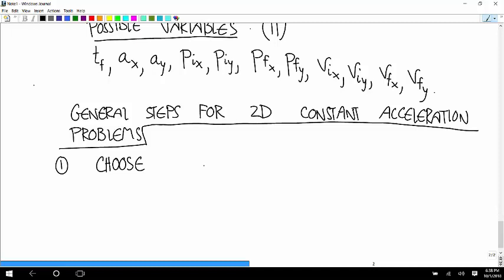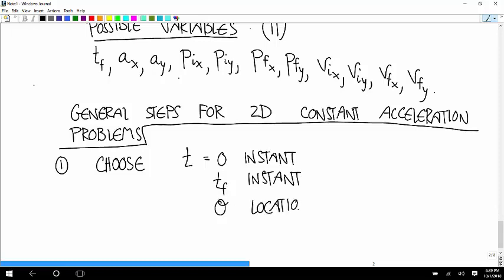And this is just like that. You have to choose your time equals 0 instant, your time final instant, and then you have to choose your origin location.